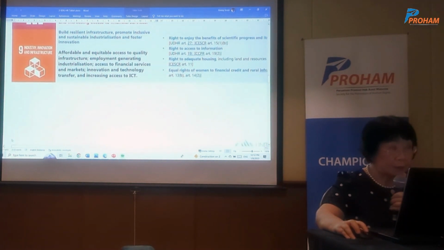And SDG 9, to build resilient infrastructure, employment generating industrialization, access to financial services and markets, innovation and technology transfer, and increasing access to ICT.